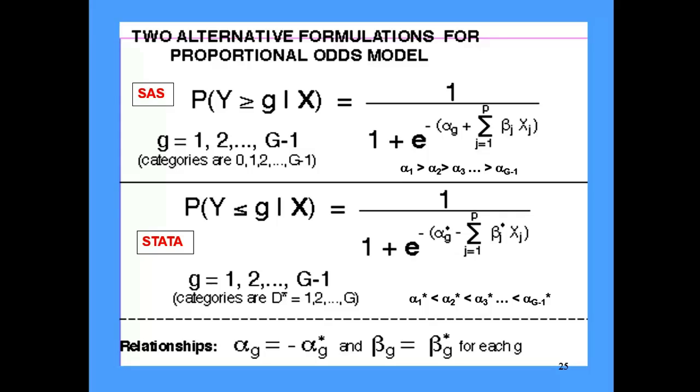If you use Stata, they use a different form of the model. It's a little tricky, but I'm not going to go further with this because we're going to emphasize SAS here, even though if you're using Stata, you've got to be a little careful. The model is a little different: the alpha sub g's in the Stata model are minus the alpha sub g's in the SAS model, but the betas are the same.